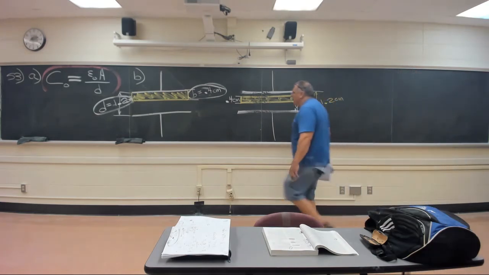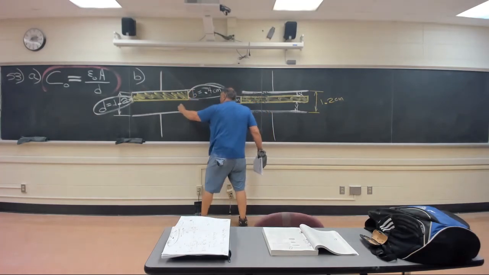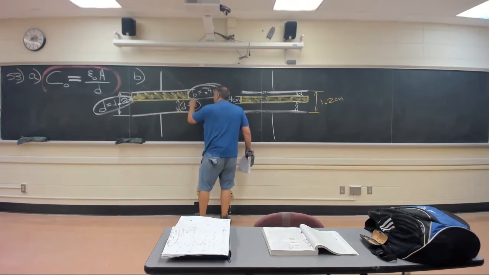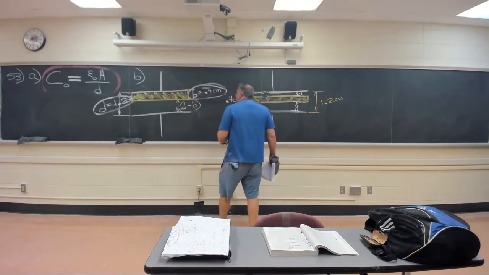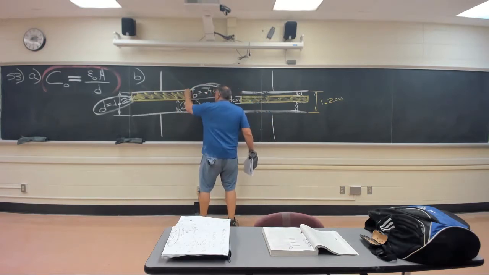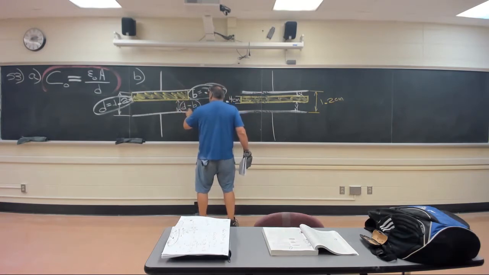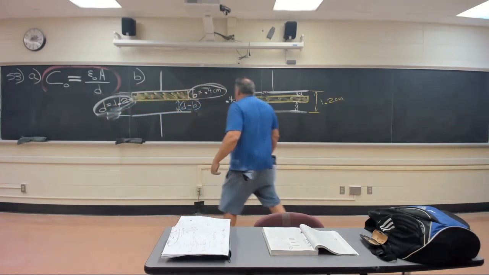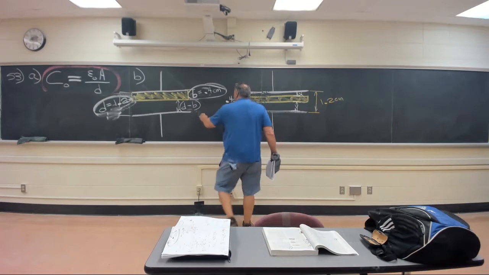Well, if this is B, this right here is D minus B. If this right here is B, and the whole thing is D, this is D minus B. From here to here is D minus B, and that's B. So D minus B plus B is D, the whole thing right here. One's D minus B, and the other one's B.